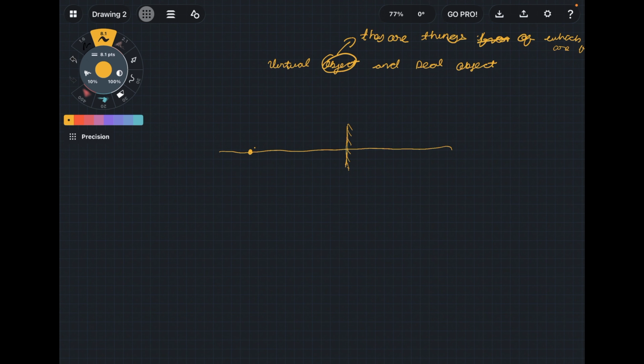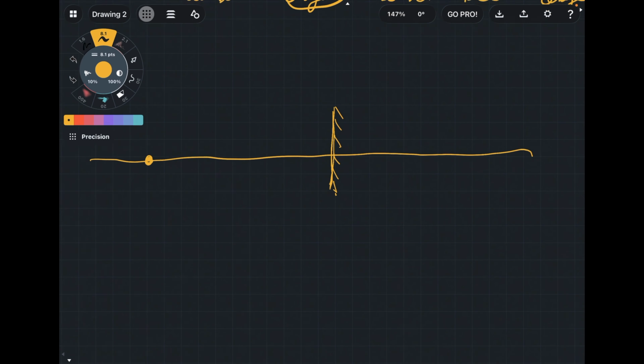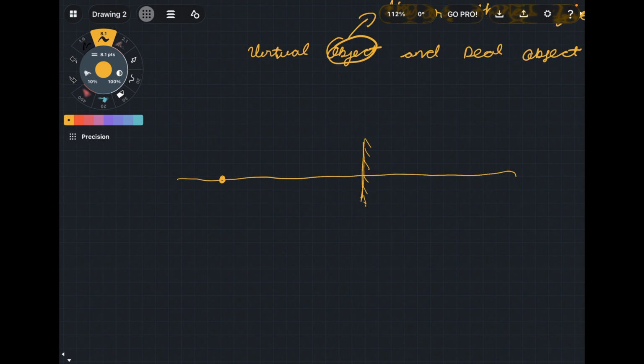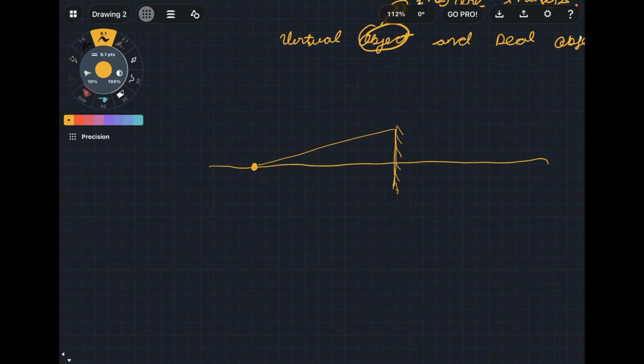All right. So the incident rays from this light source are gonna radiate out like this. It's gonna hit the mirror like that.